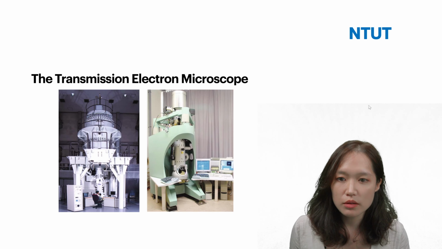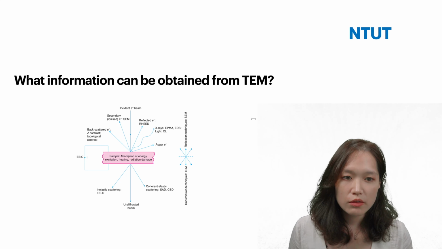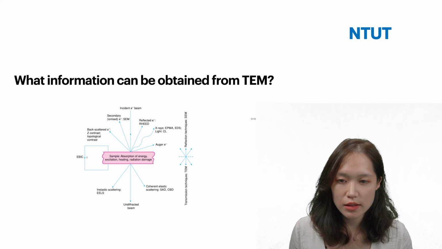Okay. Now, from this slide, what I want you to remember is that for transmission, the specimen needs to be very thin. Otherwise, the electrons will accumulate inside your specimen, and then it will probably be absorbed and turned into heat, and then it will cause damage to your specimen.